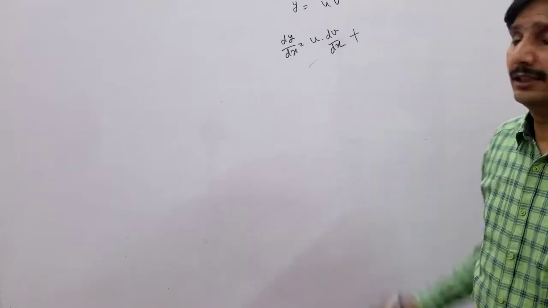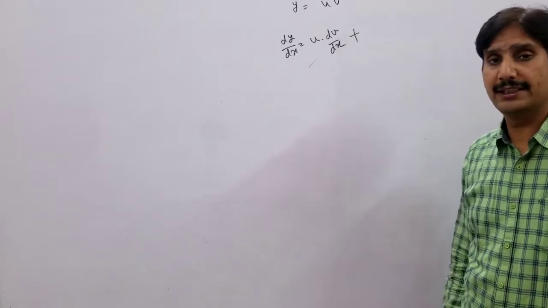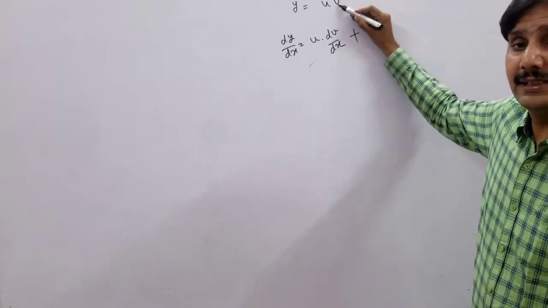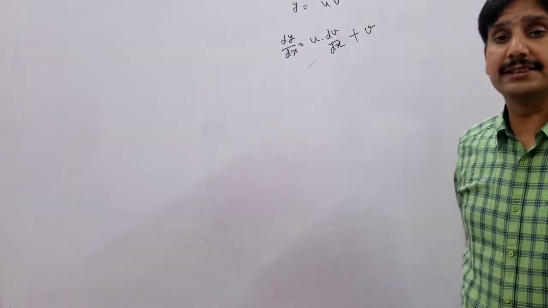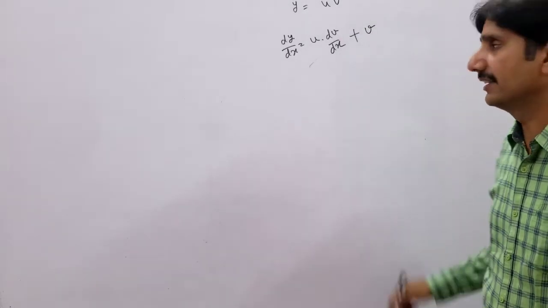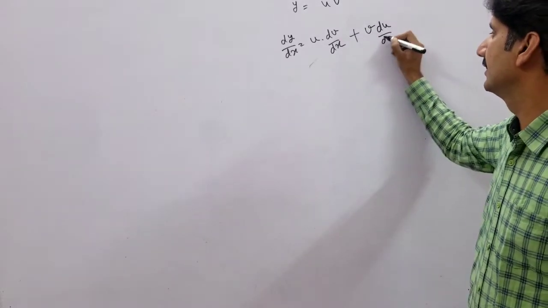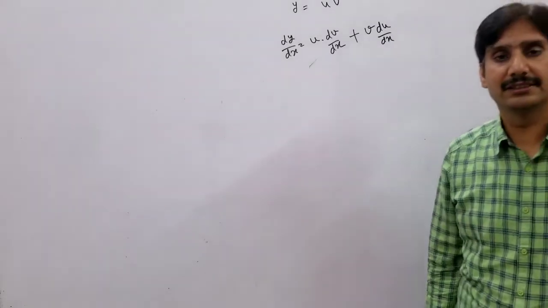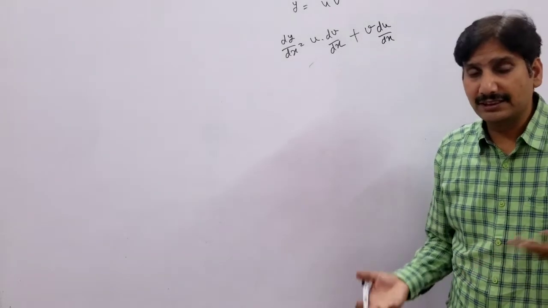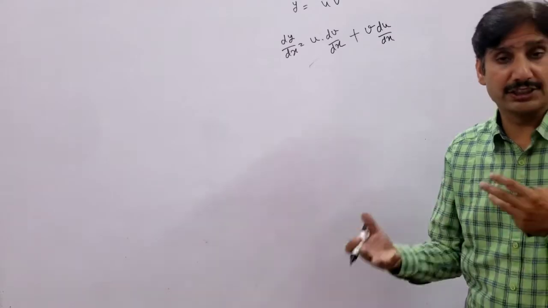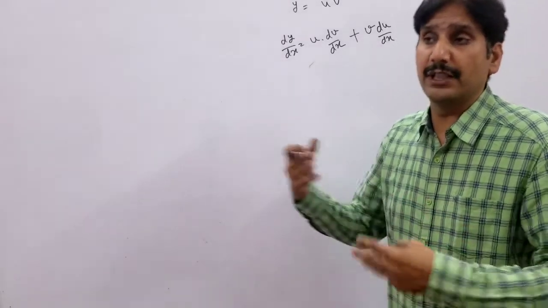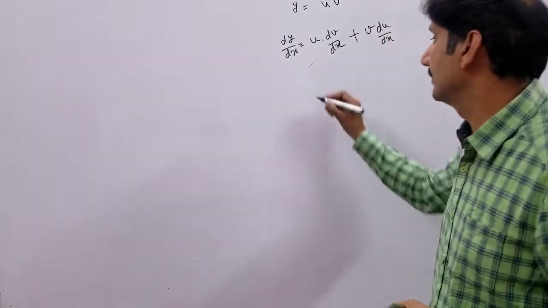Then put a plus sign. Now the second factor, v, is written without doing anything to it, and differentiate the first factor. This is the formula. So the differentiation of u into v will be u into differentiation of v plus v into differentiation of u. I give you an example.